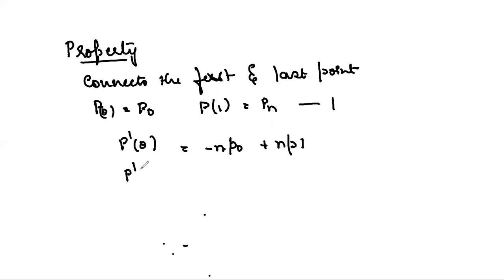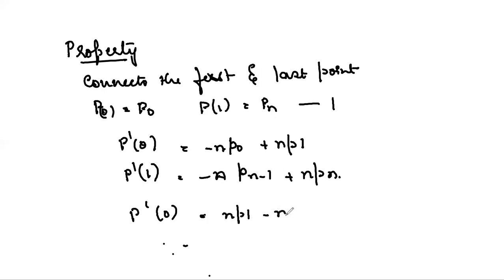So P dash of 1 is equal to minus n into P(n minus 1) plus nPn. After simplifying, I could write it as nP1 minus nP0, which becomes n of (P1 minus P0).